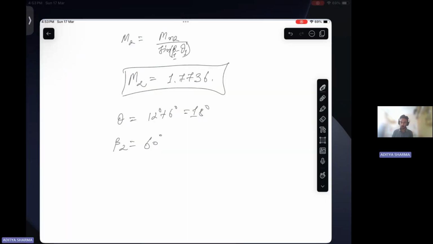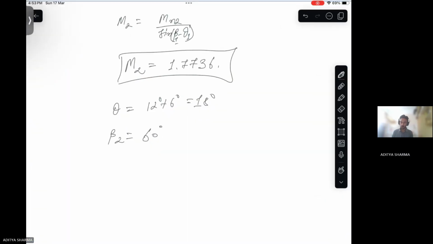The shock that has region 2 as the upstream flow.